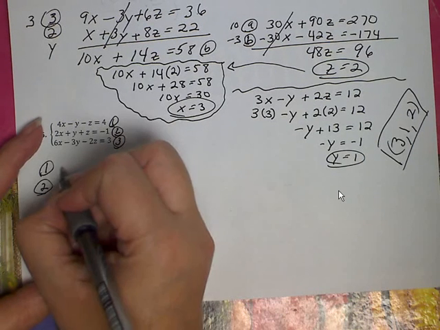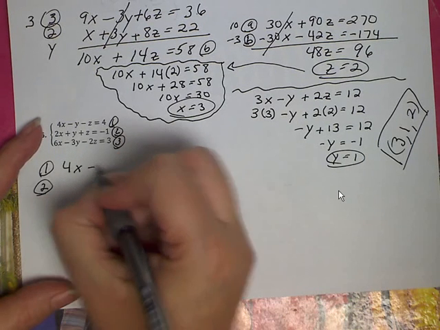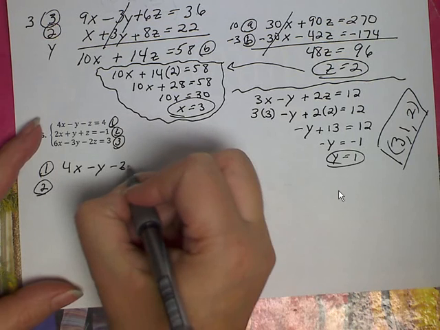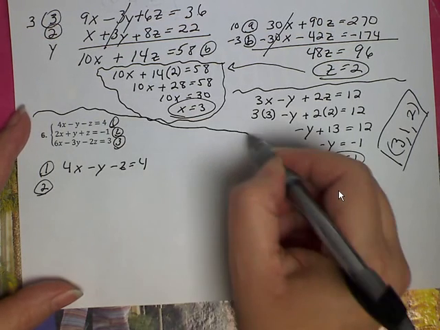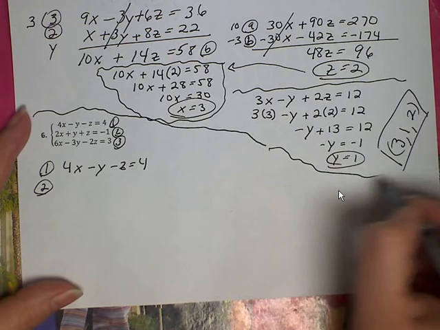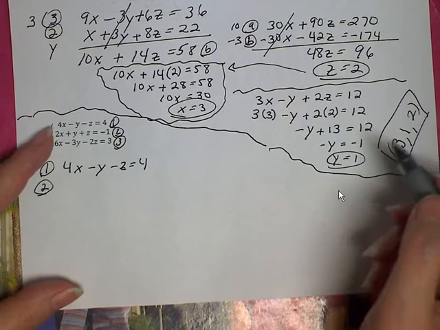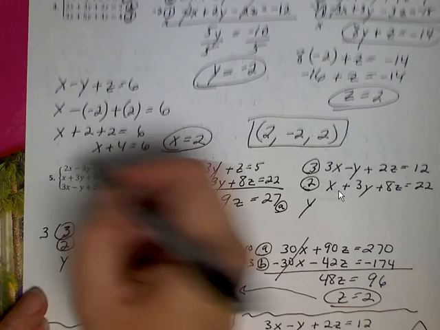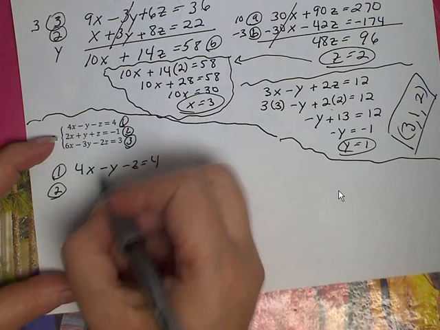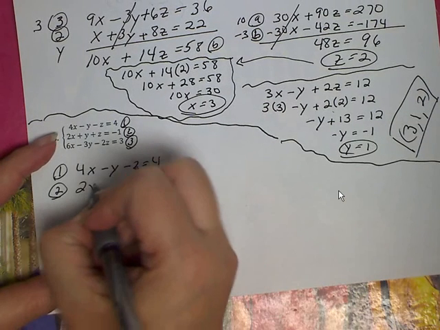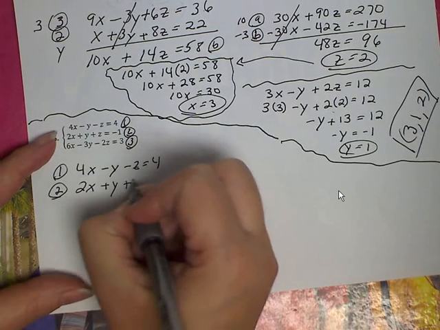So I have 4x minus y minus z is equal to 4, and 2 is 2x plus y plus z is equal to a negative 1.